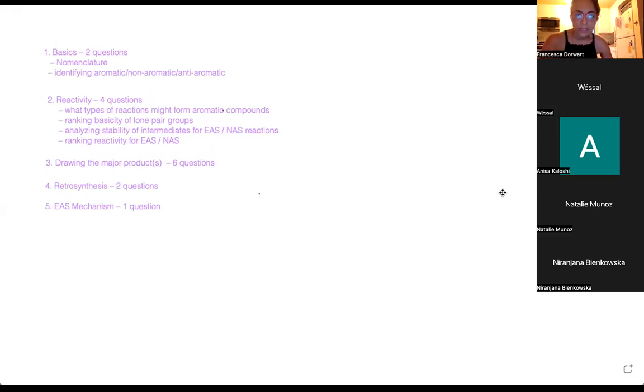Okay, and again, that's where the points stand at the moment. I think the reactivity section is really important because that's the basis of orgo, right? Being able to explain and think orgo. So again, that being said, any questions?